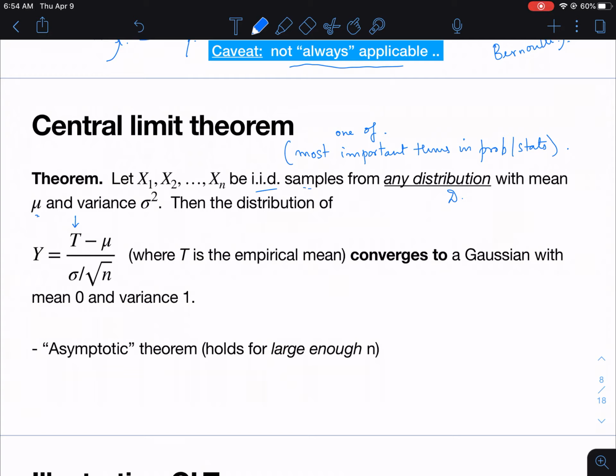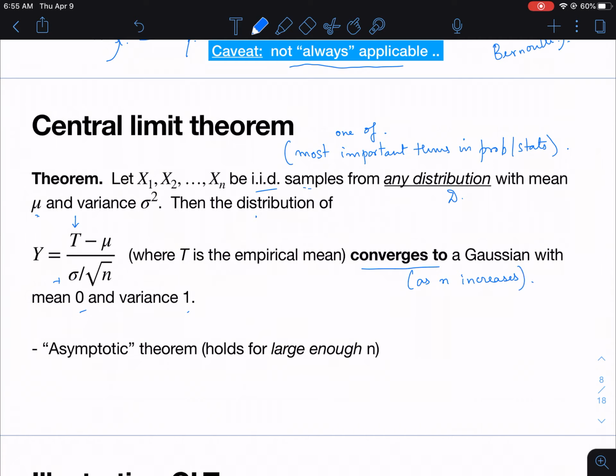This shows up because of some computational reasons. Sigma divided by root n. This distribution converges to a Gaussian with mean 0 and variance 1. By converges to, I mean as n increases.